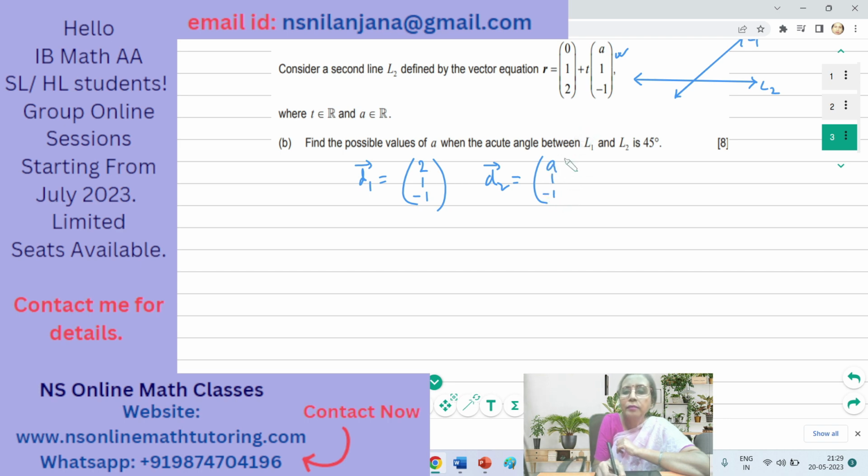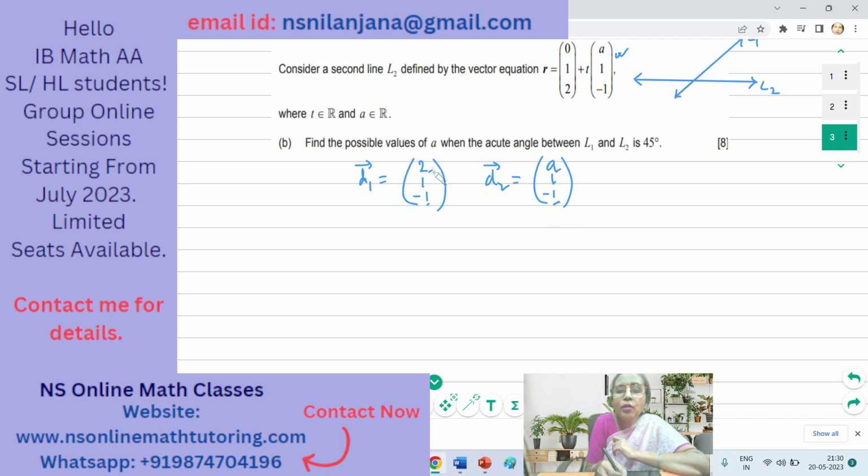One thing that I am seeing just from these two direction vectors, as soon as I have written them, that is so very conspicuous and prominent to me is that this is 1, this is 1. This is -1, this is -1. Only this one is 2 and this one is a variable a.